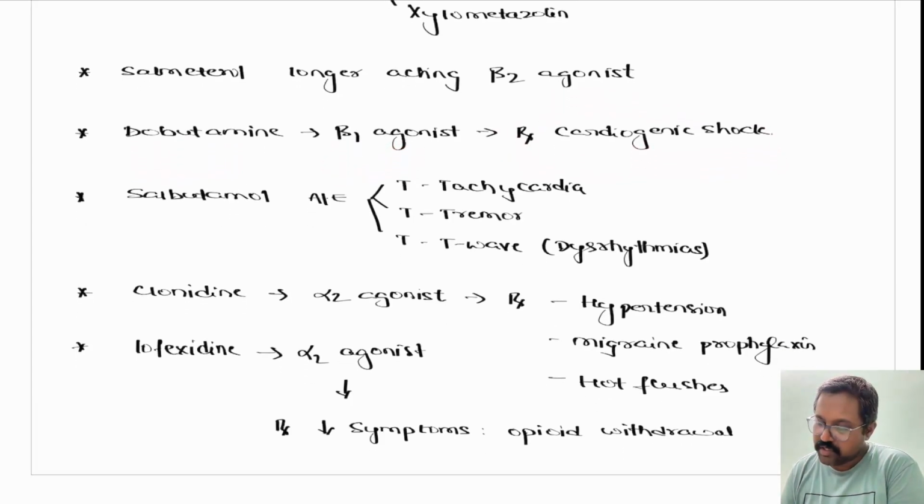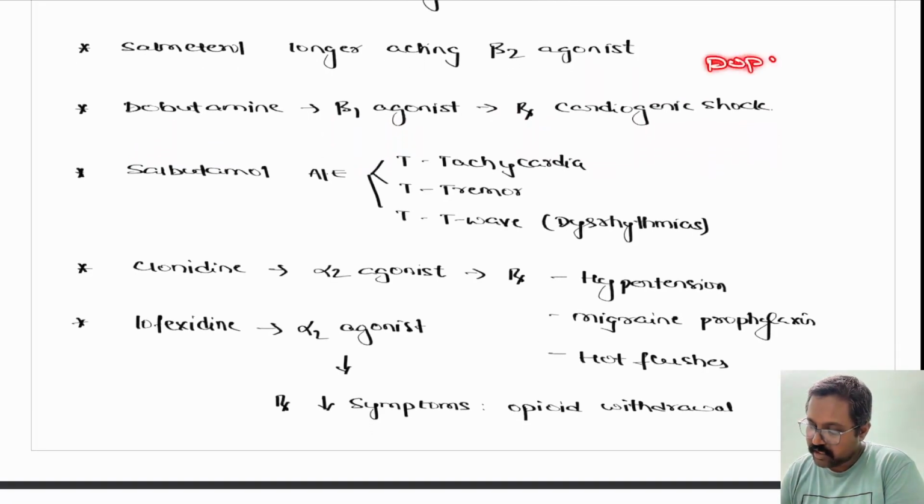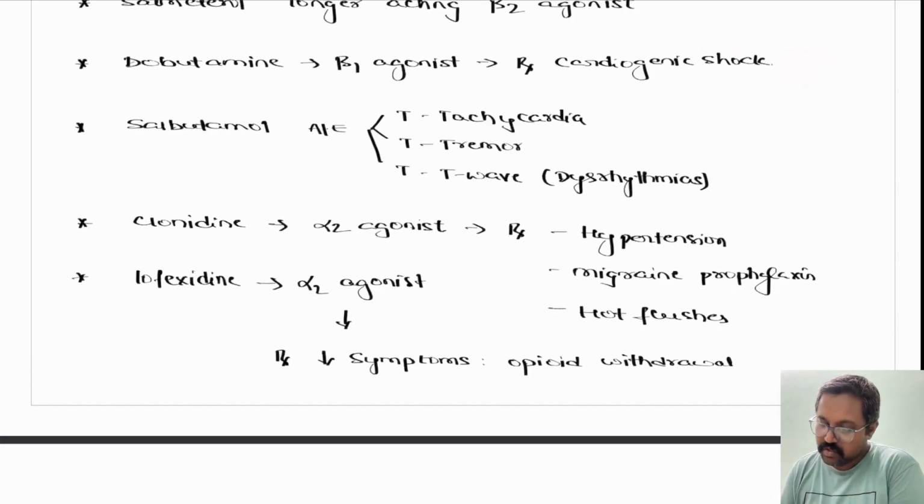And you can also use dopamine in case of cardiogenic shock based on the dose dependent action. So what are the adverse effects of salbutamol? Salbutamol can cause three T's: tachycardia, tremor, and changes in the T wave. These are the side effects of the beta 2 agonist.